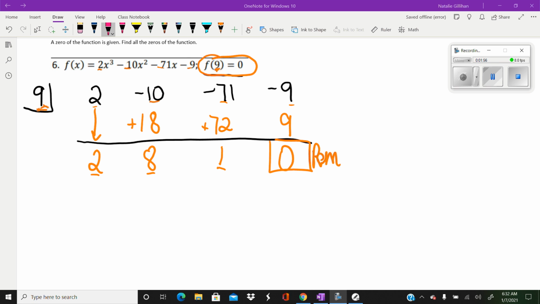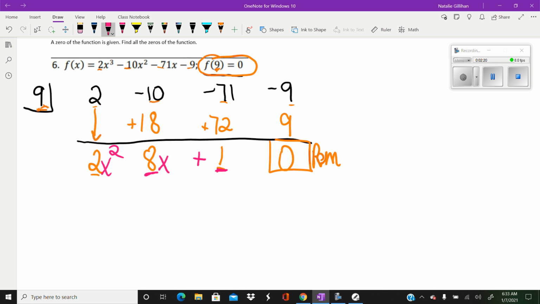So once we get to this point, this is where a lot of students start to kind of freak out a little bit. They're like, okay, what do I do now? I know I have a 2, an 8, and a 1. What next? The strategy here is to recognize that this little guy right here is your constant, plus 1. The 8 is your x term, and the 2 is your x squared term.